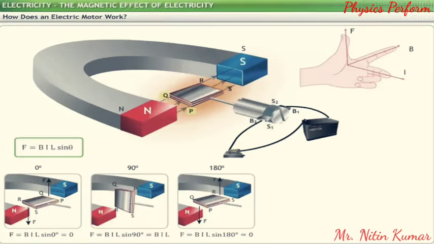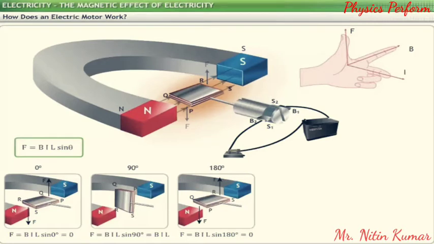Now, the split ring S1 connects end PQ of the coil to carbon brush B2. Similarly, S2 connects RS to B1. This reverses the current through the coil. The current now enters the coil through S2, passes along S, R, Q, P, and leaves the coil through S1.